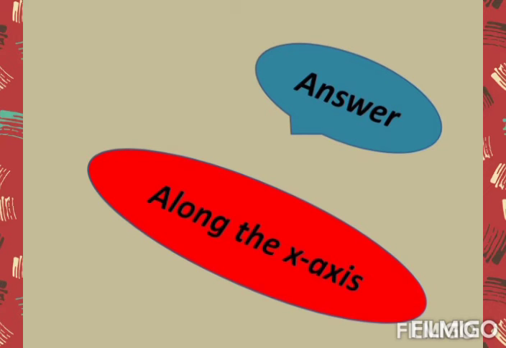Here is the answer: the independent quantity is always graphed along the x-axis, and the x-axis is the horizontal line on a graph, as I have told you.